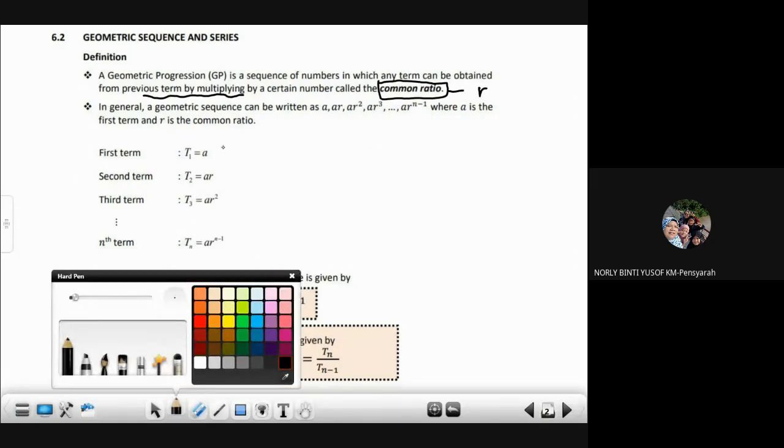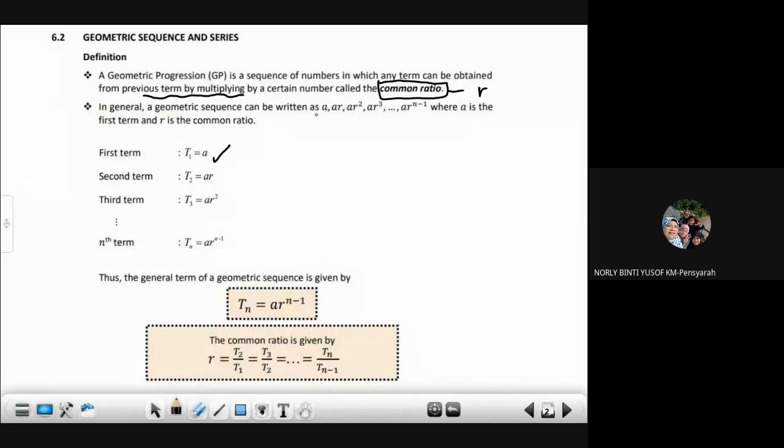Jadi ini adalah T1 adalah A. Okay, A tu sama in geometry ataupun in arithmetic. First term is A. Cuma dia punya formula a bit different lah. It's not A plus D anymore. It's AR squared till you got to the n terms, Tn equals AR power of n minus 1.